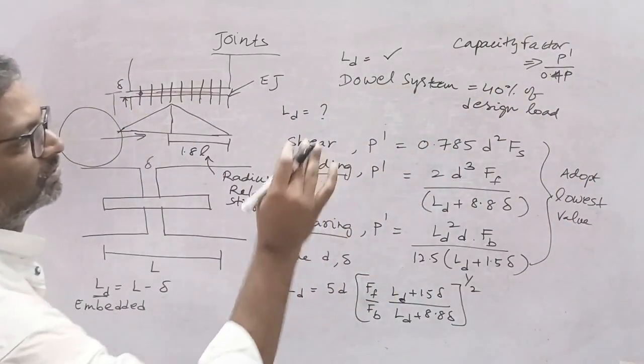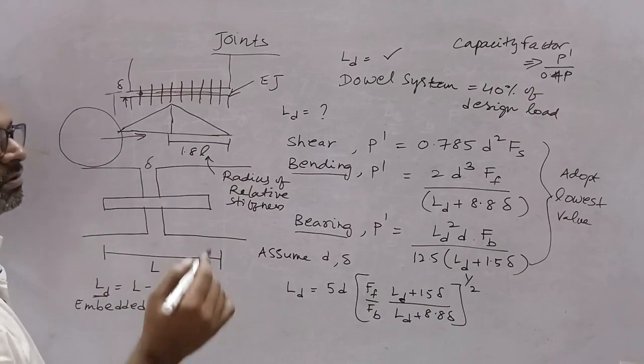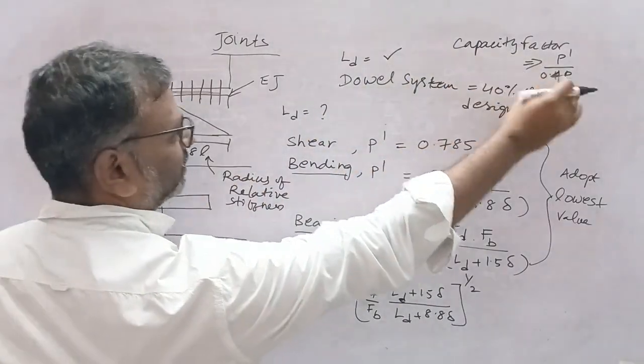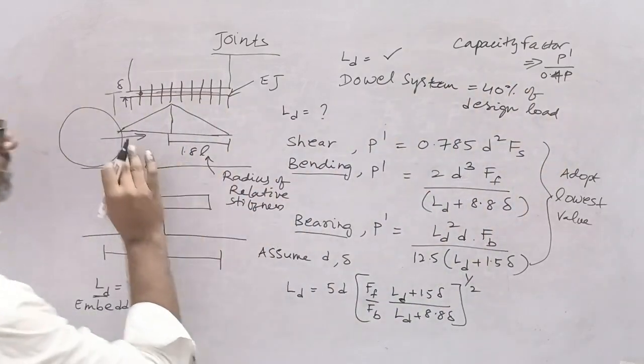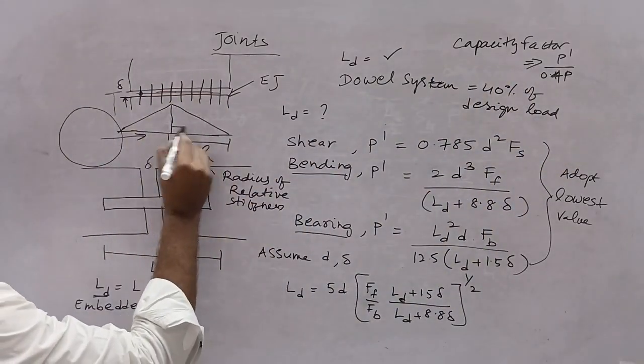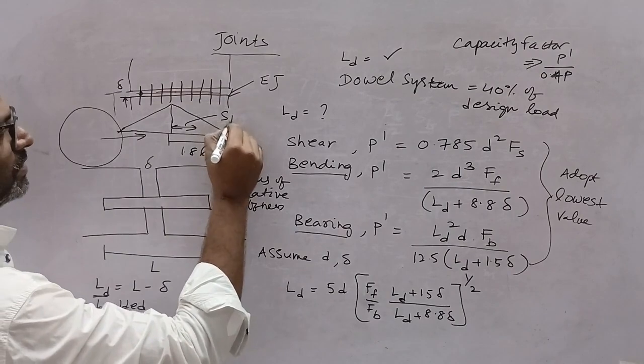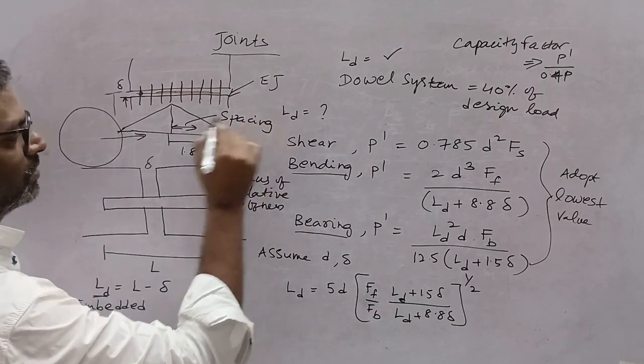Once you have the capacity factor, using this linear variation we can find the spacing between dowel bars.